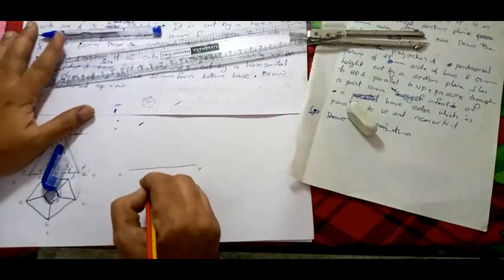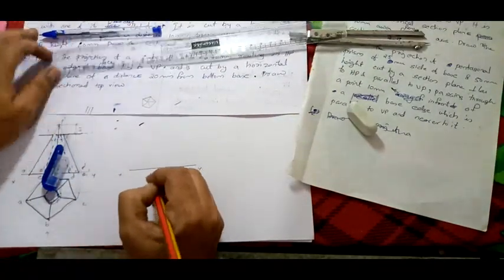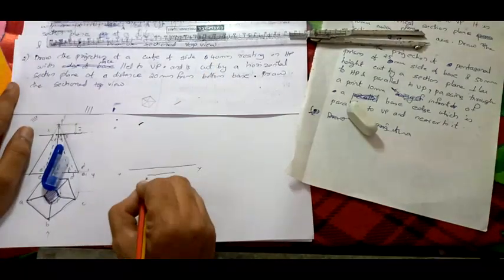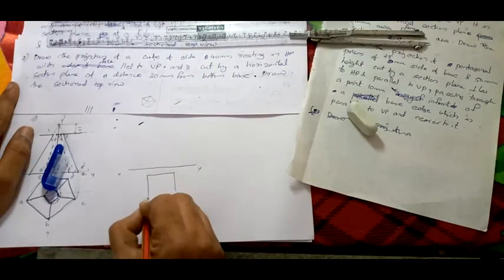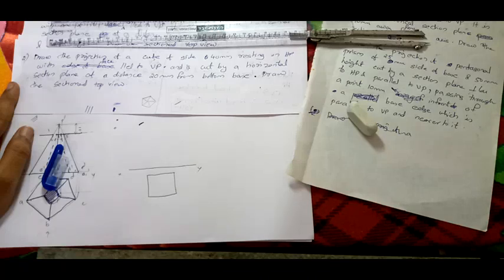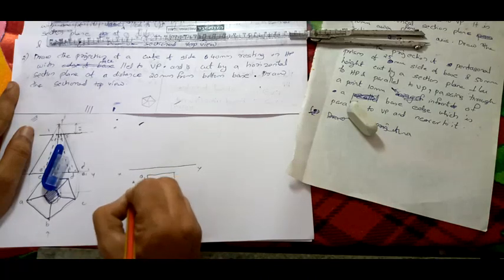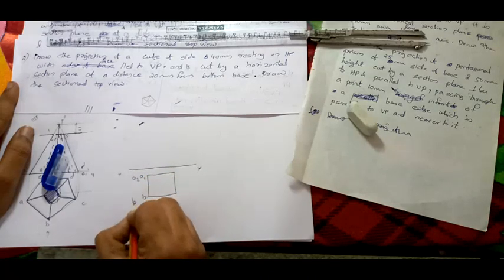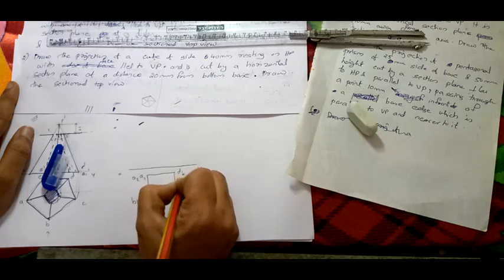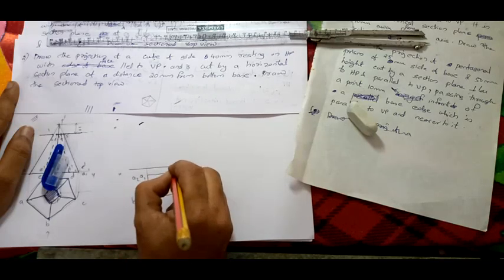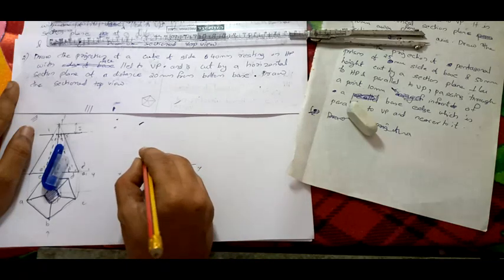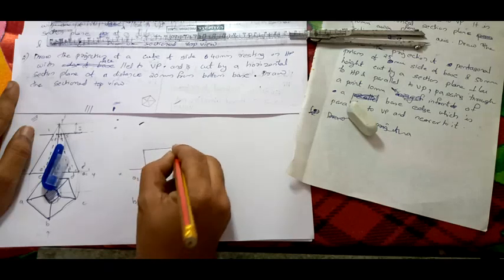So first we will draw a line parallel to the XY line which is of 40 mm distance. Then draw perpendicular lines. Construct a square, right? Name it A1, A2, B1, B2, C1, C2, D1, D2. Now project upwards and complete the front view. How will you draw the front view?